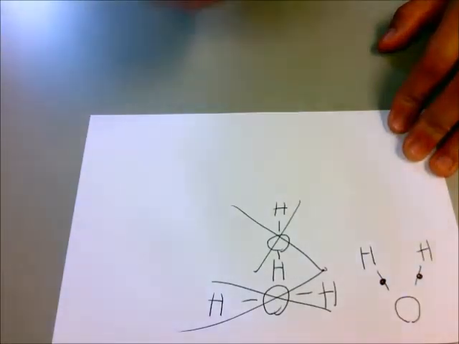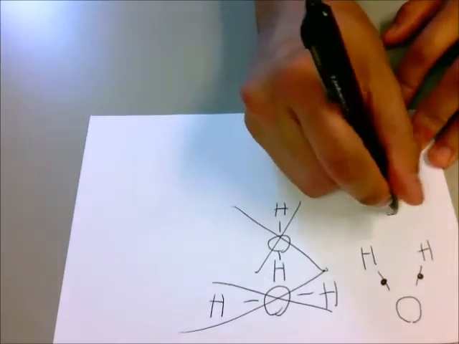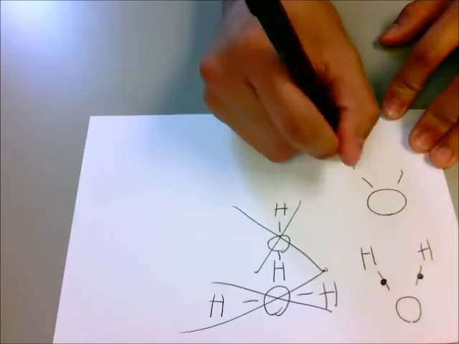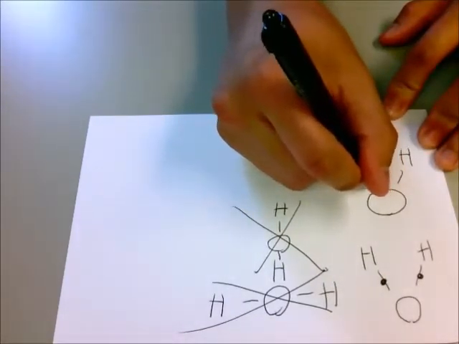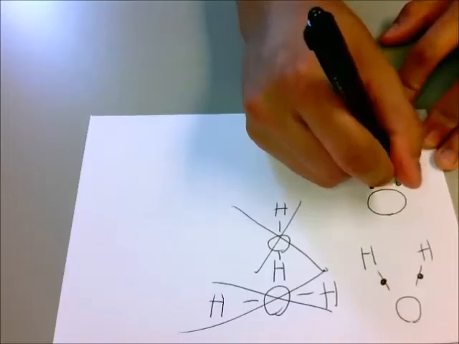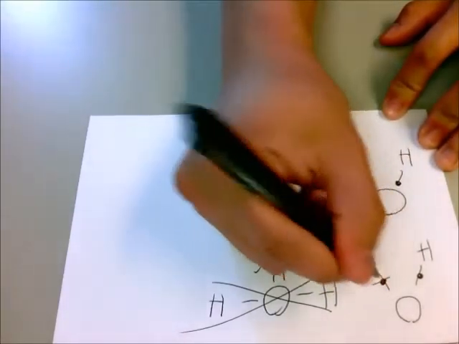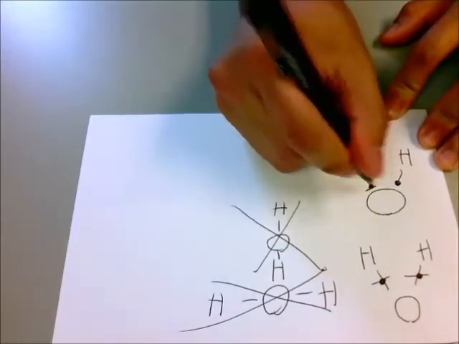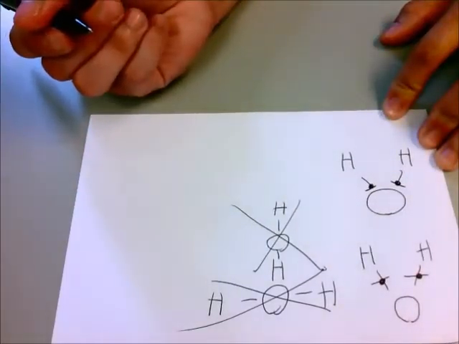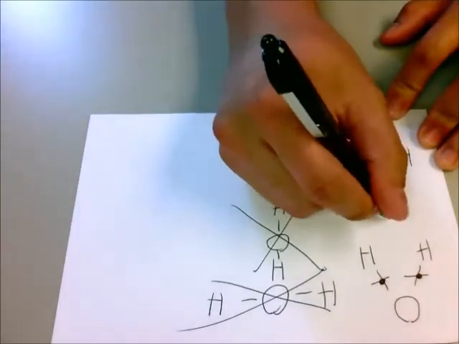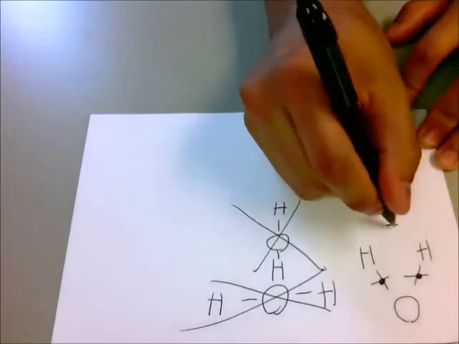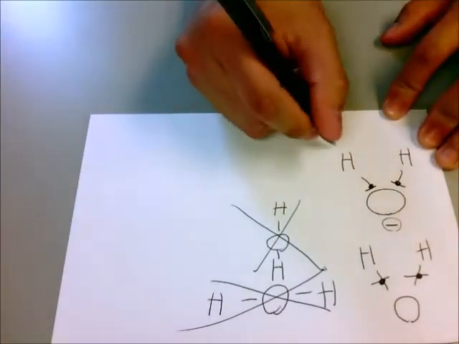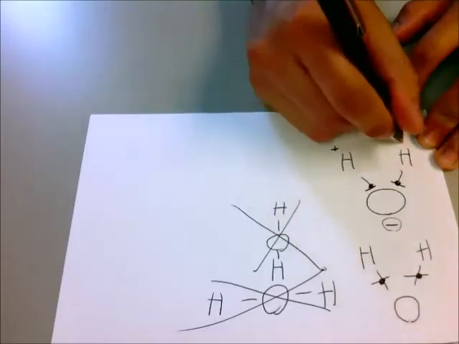But because O is more electronegative, you actually end up with a situation where your H's are pulled really, really close to your O. As opposed to being halfway like this, now they're right up next to your O. And because of that, your oxygen has a slightly more negative charge than your H's. That means your H's become slightly positive.